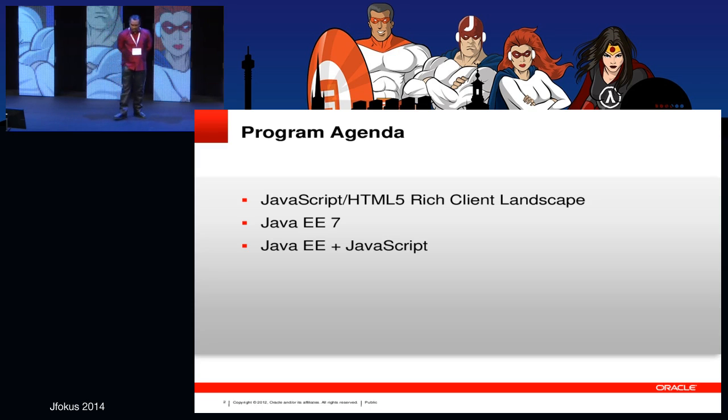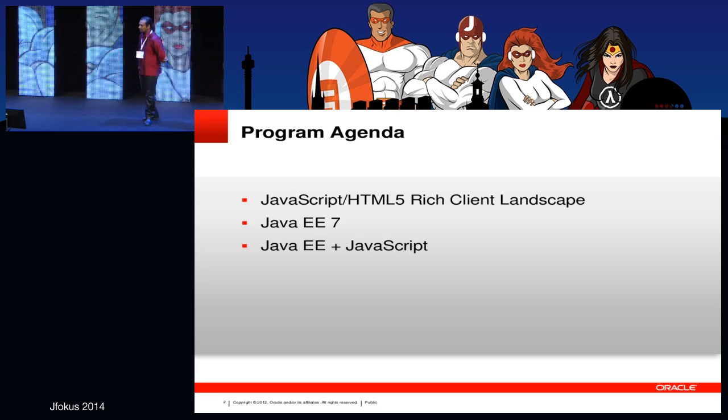My goal today is to show you how it makes sense to align Java EE 7 with this landscape, and why Java EE 7 is an ideal backend platform for such an architecture. And finally, I will show you actual demo code to do this.